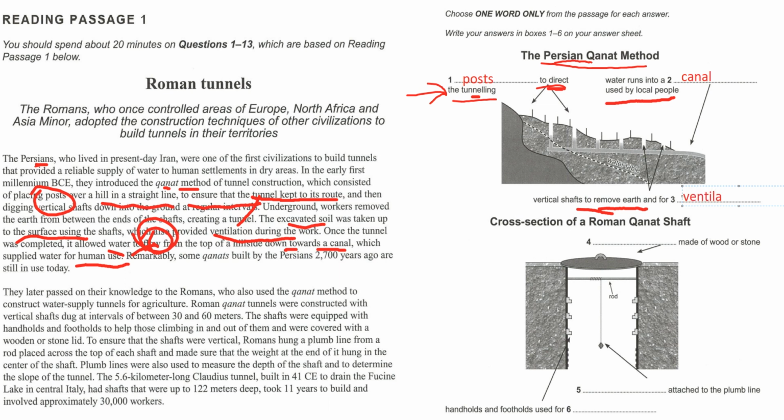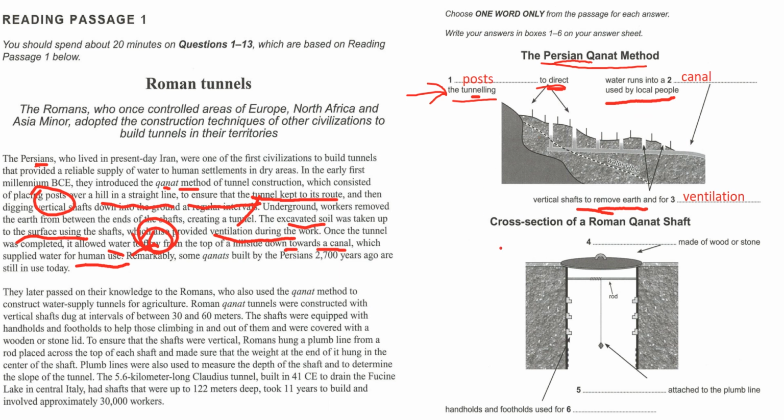This is a good word to learn. So please write it in your vocabulary list. So ventilation, if you look at the picture as well, let's read the whole sentence first together, just to double check our understanding. Vertical shafts to remove earth and for ventilation. And look at the picture here. You can see actually that, yes, they do allow some air to move into these tunnels.